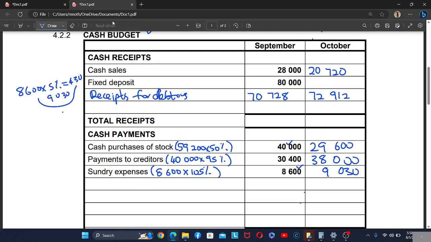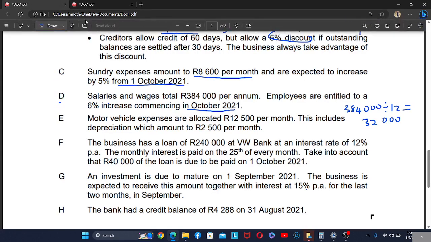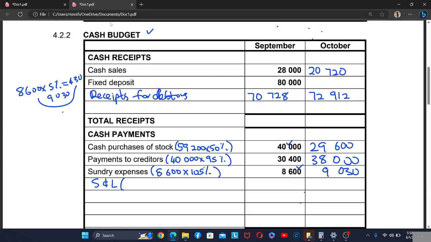So the salaries and wages also, they must be under cash payment. So the increase will be from the 1st of October, right? So this means that in September, the salaries and wages, they are going to be 32,000.